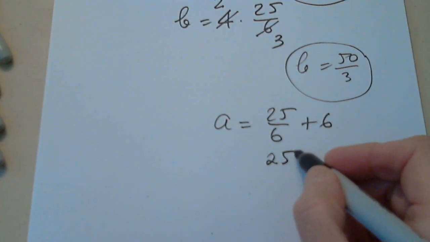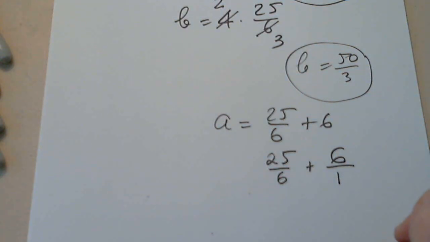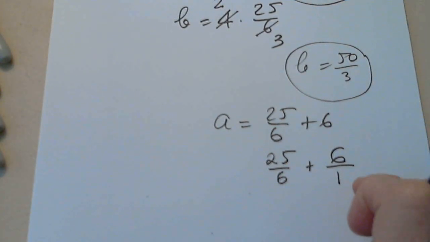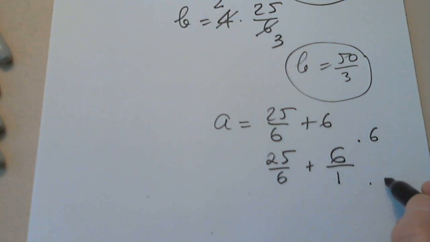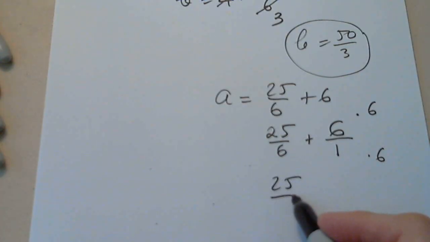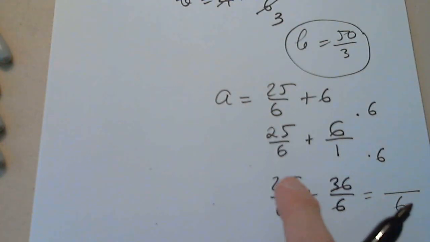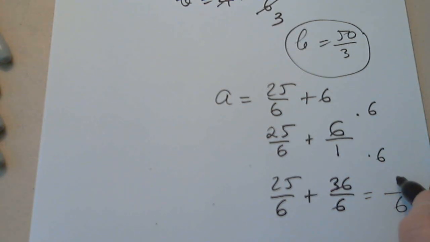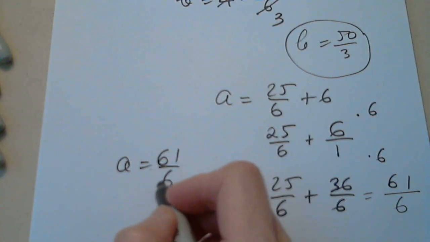I want the denominator to be 6, so I have to multiply the numerator by 6 and the denominator by 6. So 25 over 6 plus 36 over 6, and now I can add them. Copy the denominator. 25 plus 36 is 61. So A equals 61 over 6.